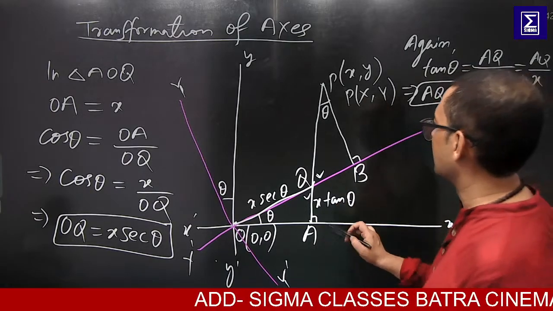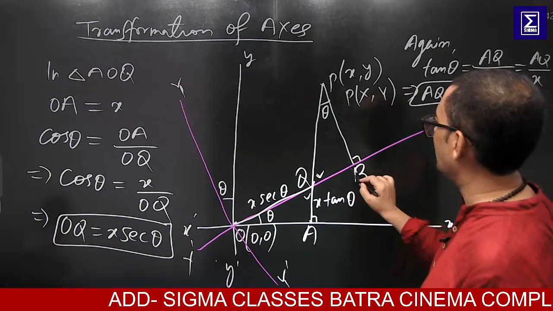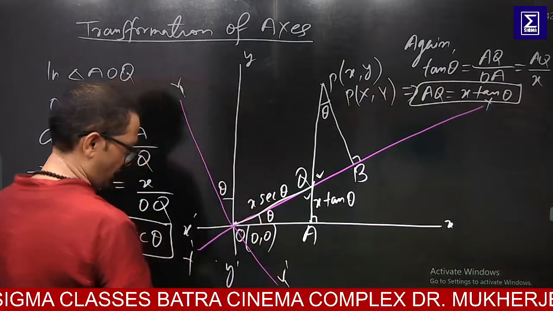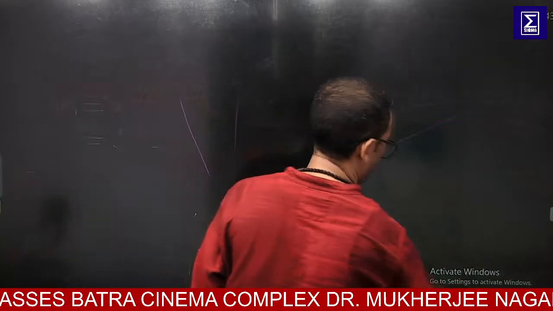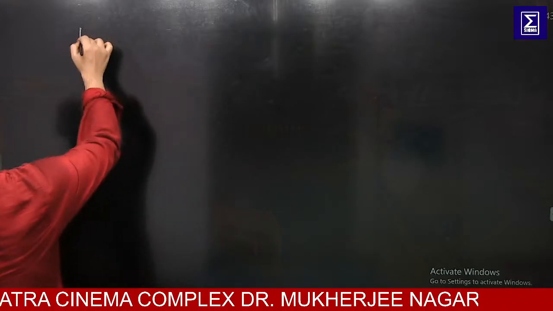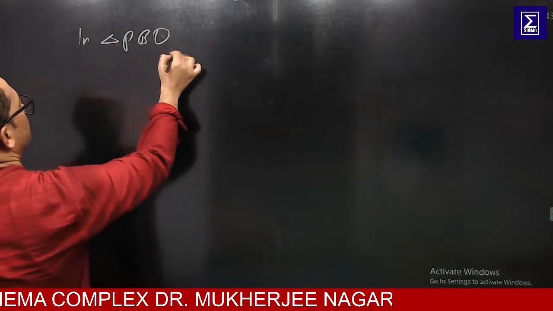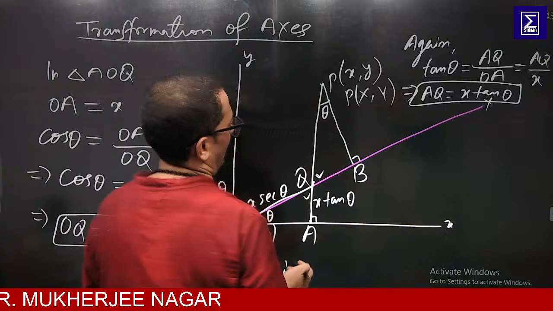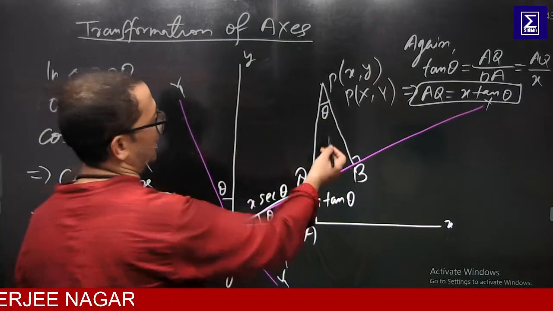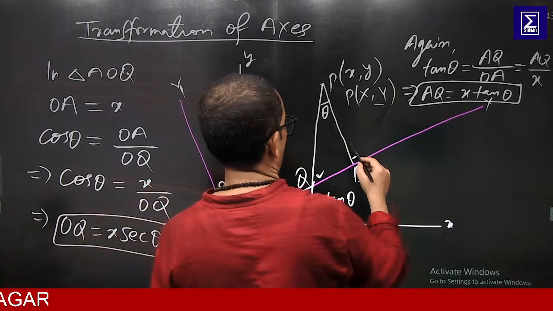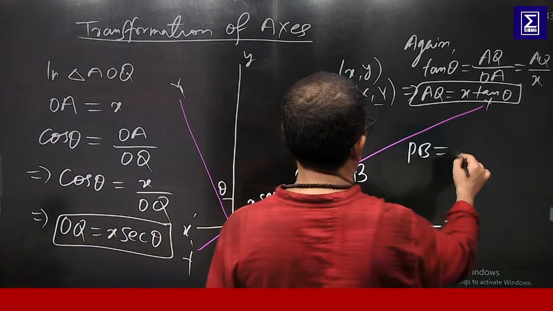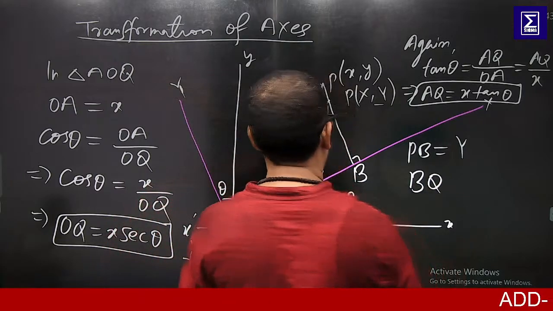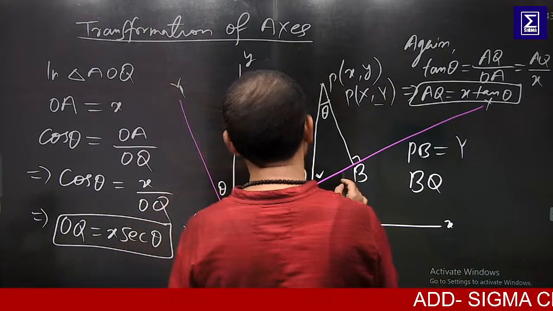Now we have to take triangle PBQ. So moving to the next slide, in triangle PBQ, we find PB. What is PB? PB is nothing but capital Y. So here PB is equal to capital Y, and for BQ, here it will be OB.